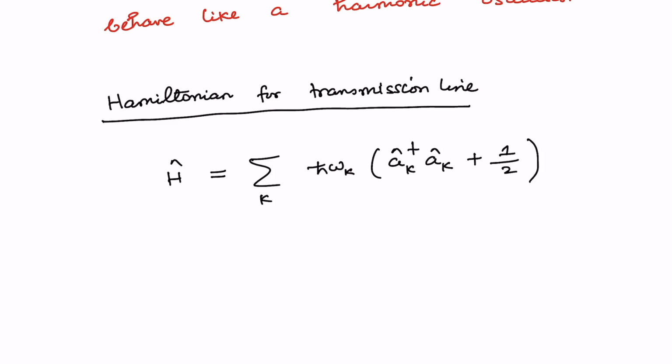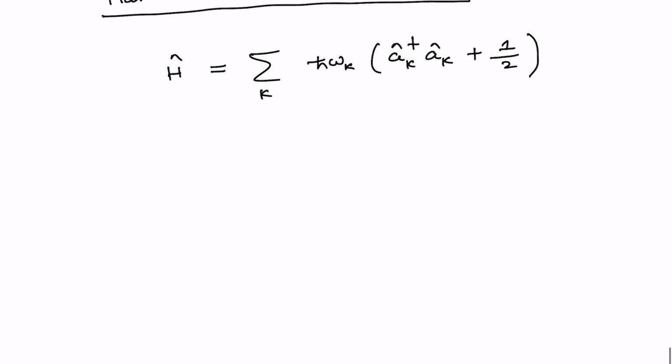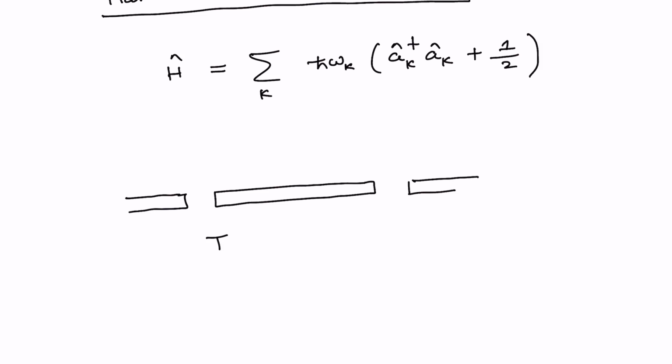Now if we talk about the transmission line resonator, as we have discussed earlier, it is formed by cutting a transmission line at two ends, and then you get the so-called transmission line resonator, and this should remind you of the so-called standing wave that we have also discussed earlier.